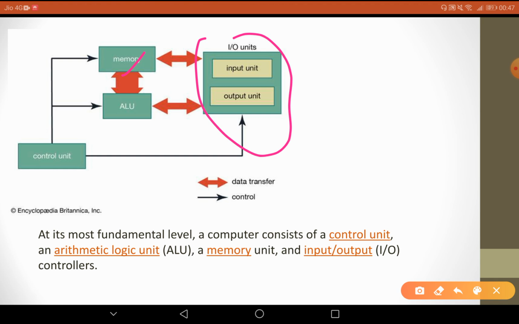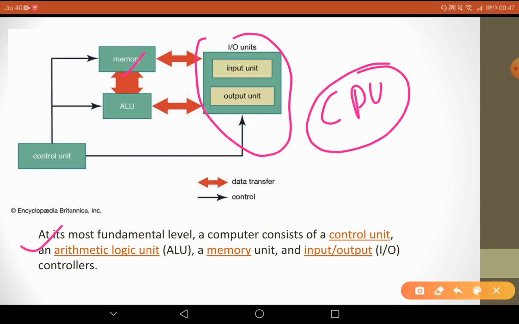The operational speed of any CPU primarily determines the speed of the computer as a whole. So you can see, at its most fundamental level, a computer consists of a control unit, ALU, memory unit, and input-output controllers. So these were very important concepts. You have to remember that.